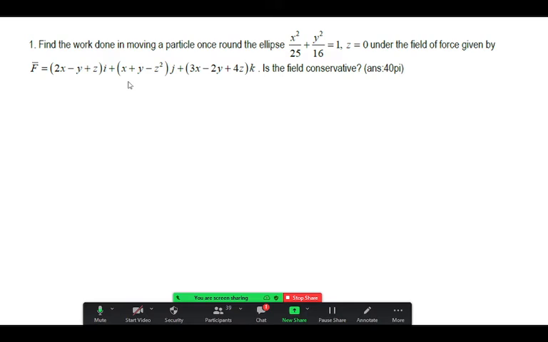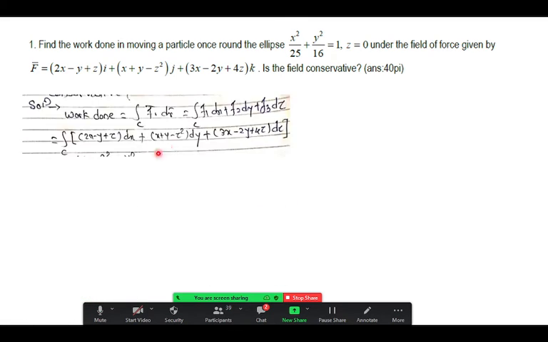So what is the formula here? The formula for work done is equal to the integration of F bar dot dr bar.